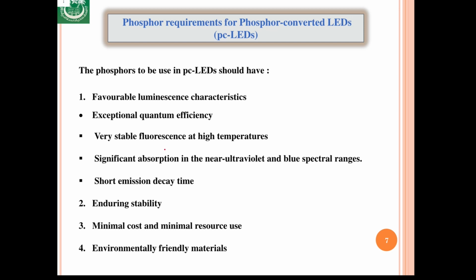Another important criterion for a material is that it should involve less cost and minimal use of resources, because we are now in an era where we are looking for more and more solid state lighting, but the cost is an important criterion. Therefore, any phosphor involving high cost is not a desirable material.